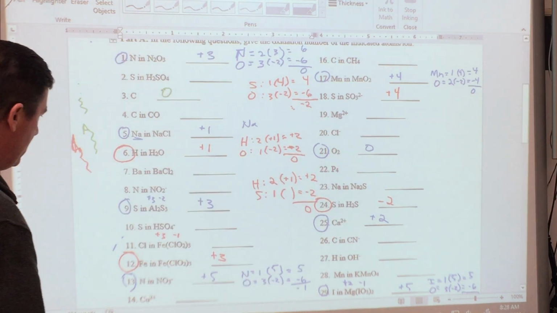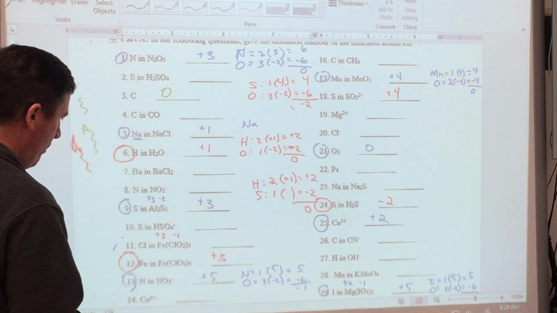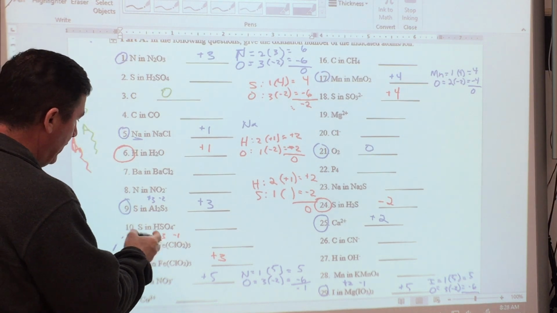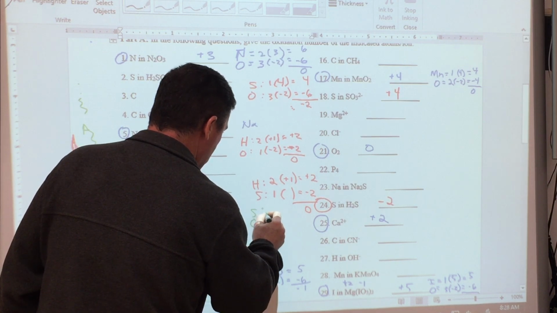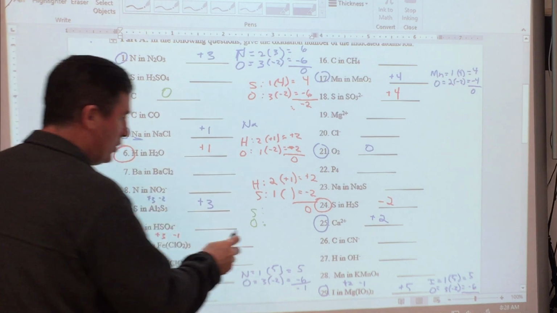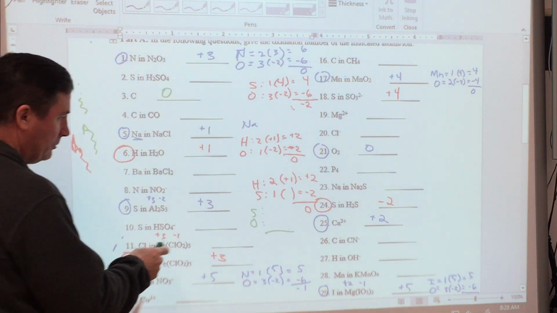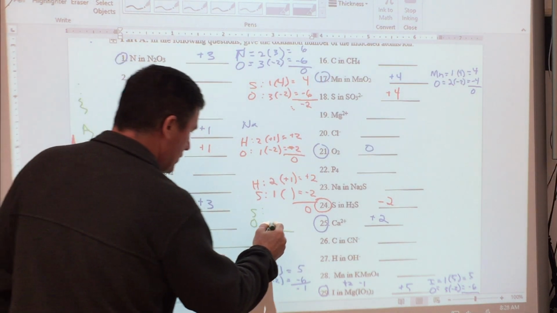Okay? Number 10, S in HSO4. SO4, I know, is a 2-. I remember that from my CRT. SO4 is 2-, so -2 is my total here. So, 4 oxygens.